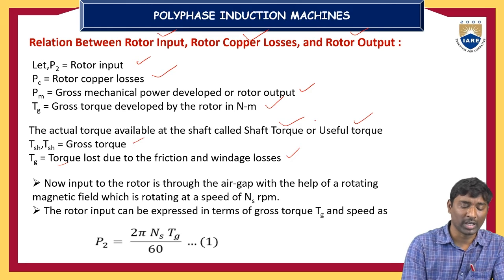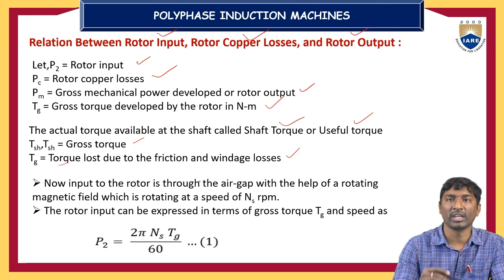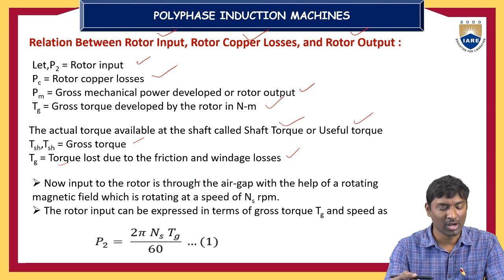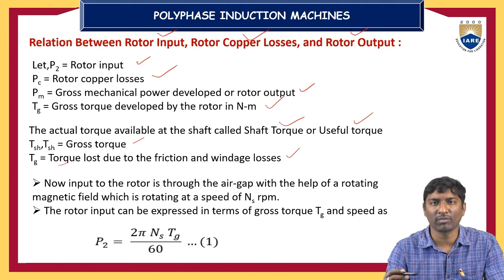Now the input to the rotor is through the air gap with the help of a rotating magnetic field. We discussed in the earlier class what is meant by a rotating magnetic field. The rotor rotates depending on the rotating magnetic field only. The principle of the induction motor depends on the rotating magnetic field.